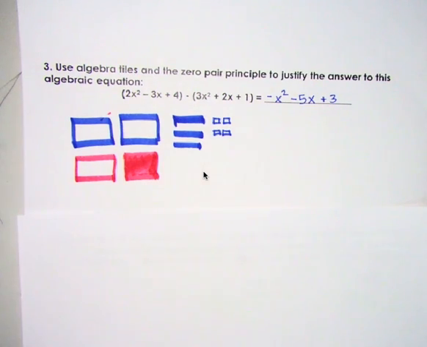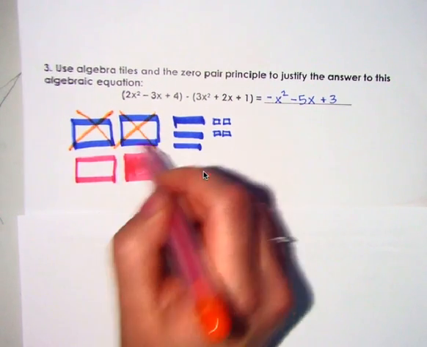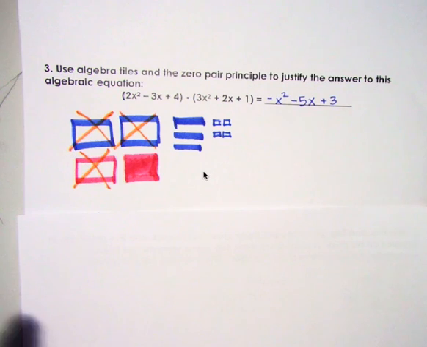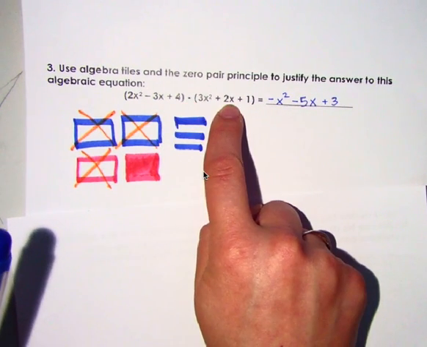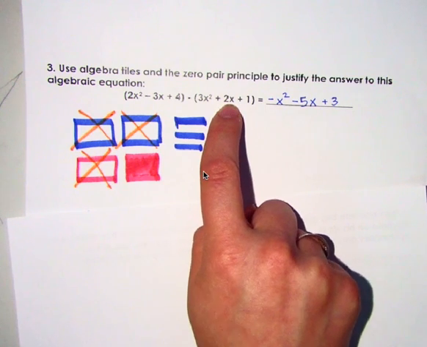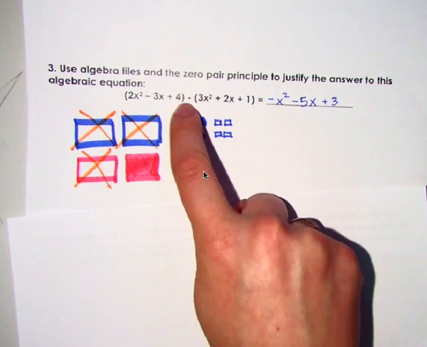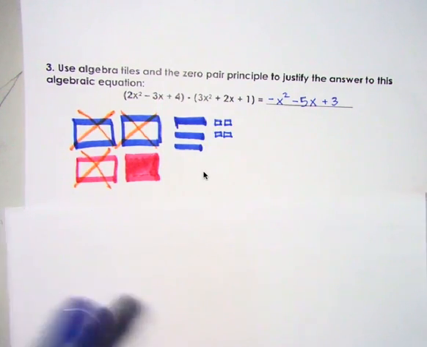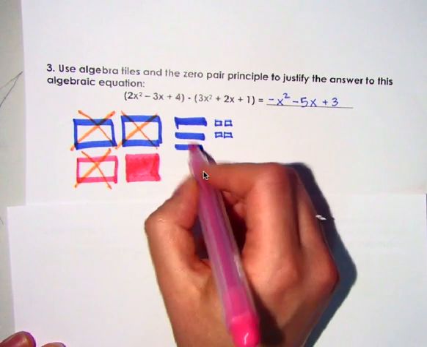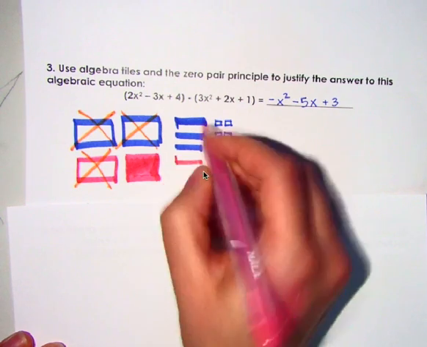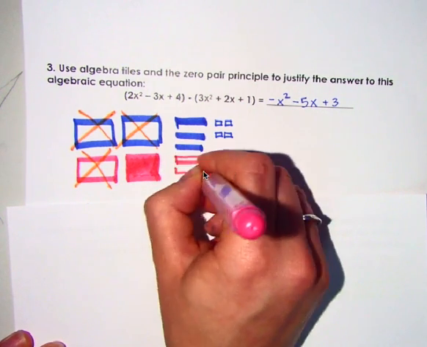All right, so we can just cross this out, and cross this out. Now you have 3 negative x's and you want to take away 2 positive x's. Well, we do not have 2 positive x's to take away, so you actually have to bring in the zero pair. You need to draw in a zero pair right here.